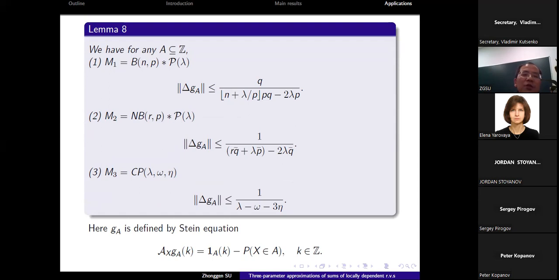As you see, for example, for M1, the norm of delta means the difference operator. So delta G is bounded by this quantity, which involves three parameters in M1.